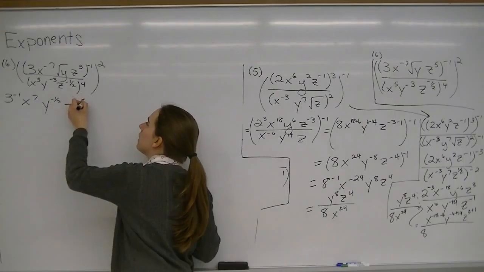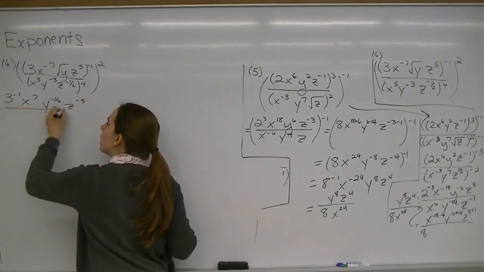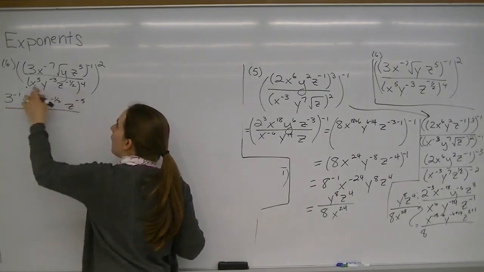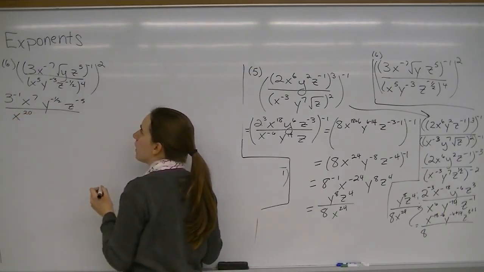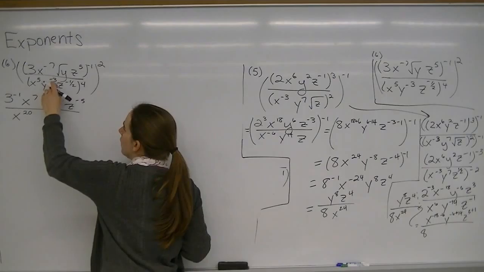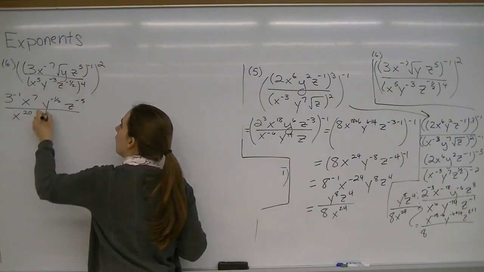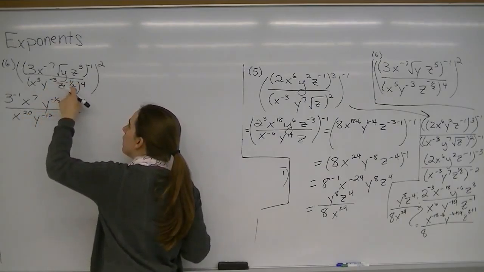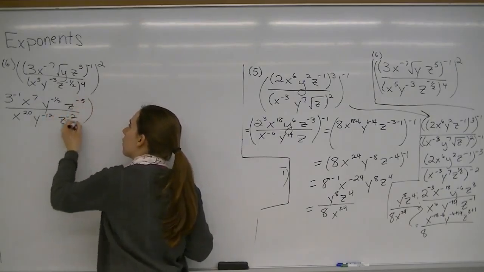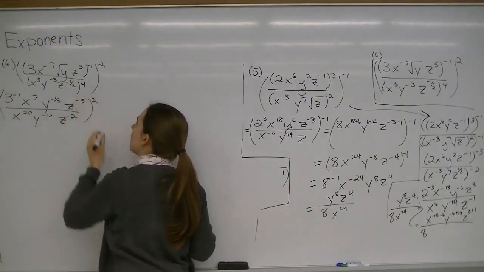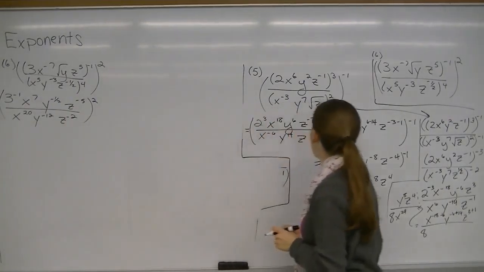And then I get z to the -5. Then I get x to the 5 times 4, or x to the 20th. Then y to the -3 times 4, -12. Then z to the -1/2 times 4 will give me z to the -2. And then I can't forget that the whole thing is then squared.